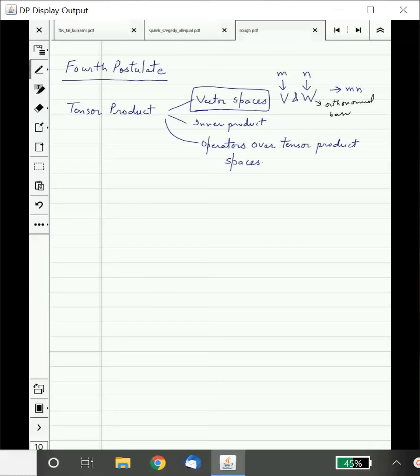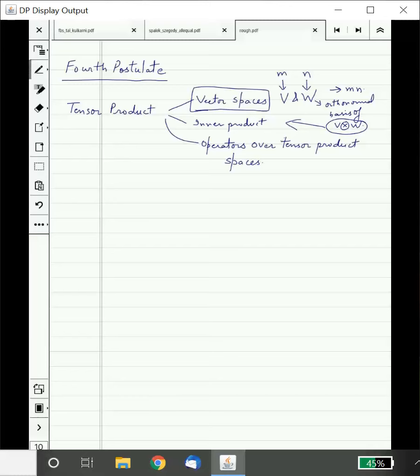We also emphasized how to define the inner product in this space V tensor W that gives it a structure of an inner product space or Hilbert space for our purposes.